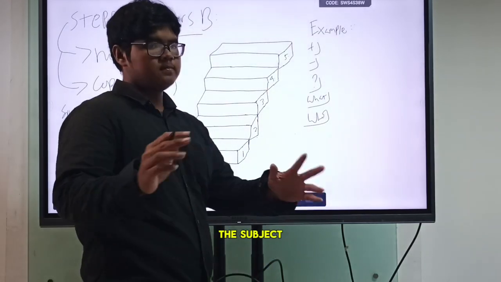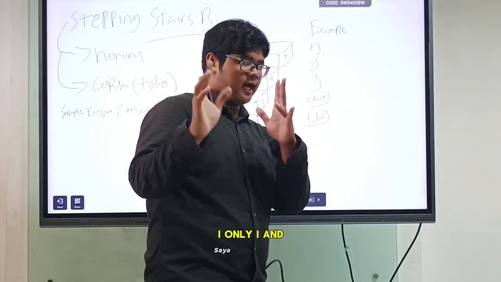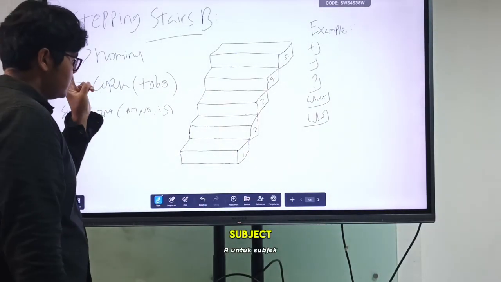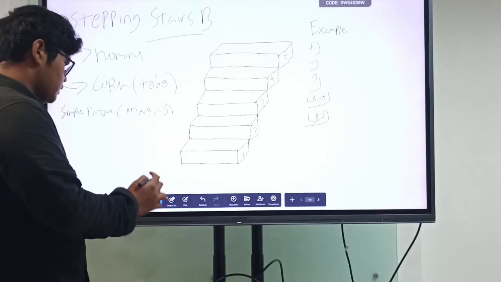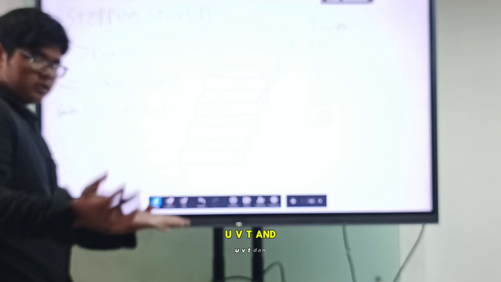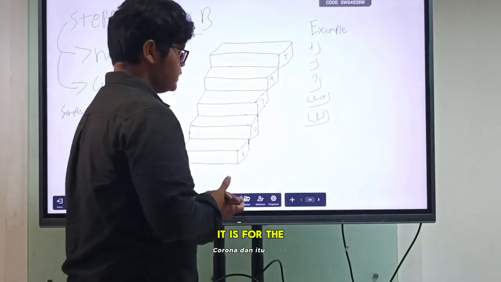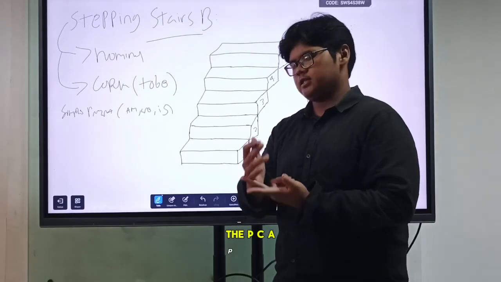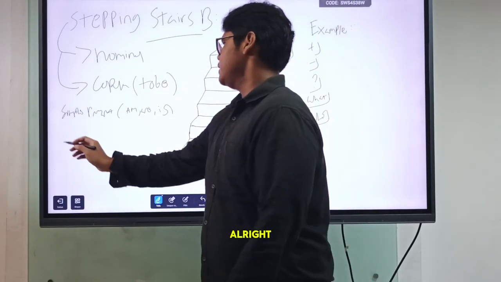Am is for the subject I, only I, and are is for the subjects you, we, they, and plural nouns. And is is for singular subjects: he, she, it.